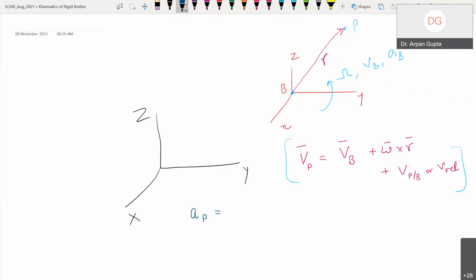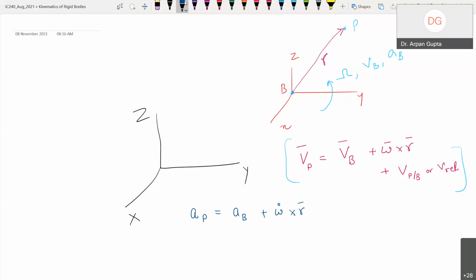And similarly, the general expression for acceleration is as follows. Acceleration of point P, as observed from the fixed frame, is equal to the acceleration of the frame itself, so acceleration of B, plus omega dot cross r. This omega dot is basically the alpha of your frame small xyz.